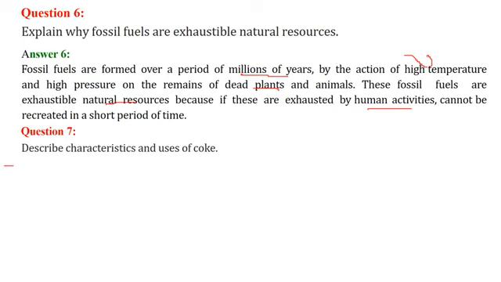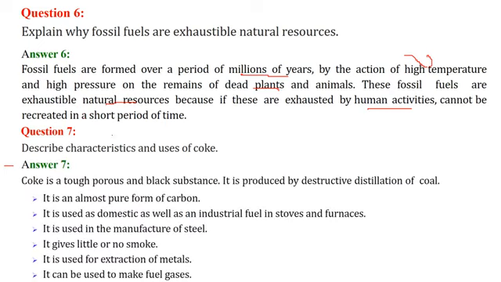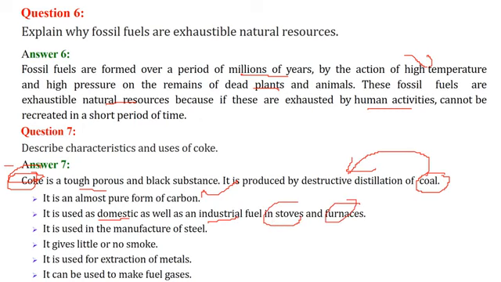Next is, describe characteristics and uses of coke. Coke is a very tough, porous black substance, produced by the destructive distillation of coal. It is an almost pure form of carbon, and is used for domestic use, also as an industrial fuel in stoves and furnaces, and in the manufacture of steel.